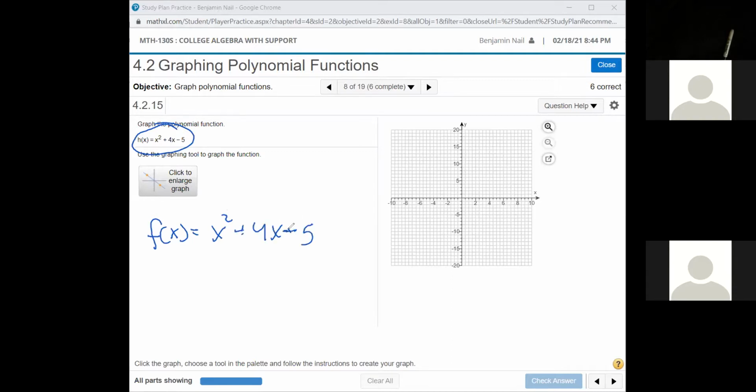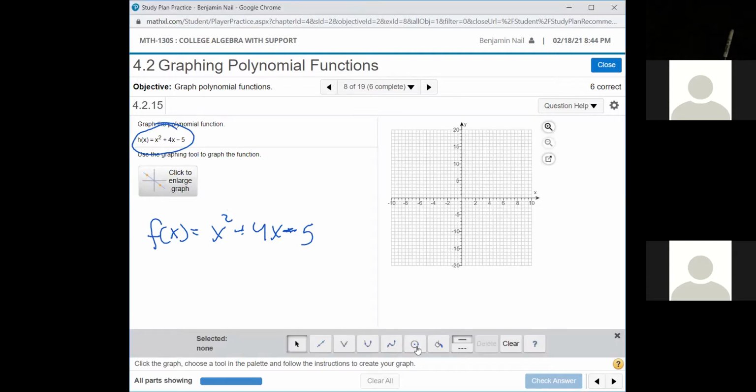Okay, again, extremely important to know the specific shape of the graph we are talking about, because whenever you go to graph it or you click, you're going to need to know the basic shape before we start. This is the graph for a cubic function. Okay, this particular function is, okay, this is a power of 2. This is a quadratic. Quadratic functions graph in the shape of a parabola.